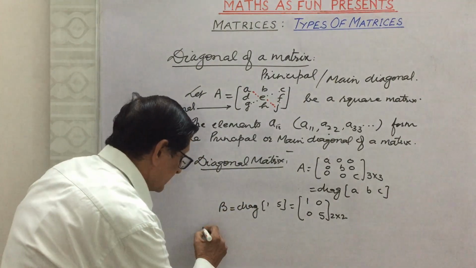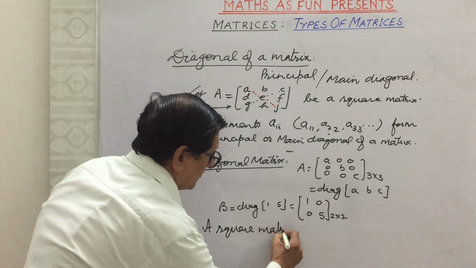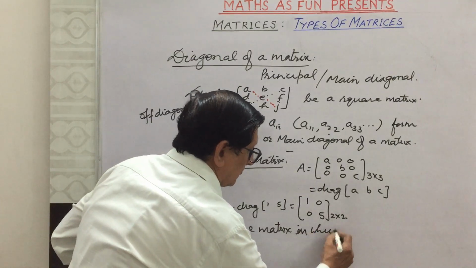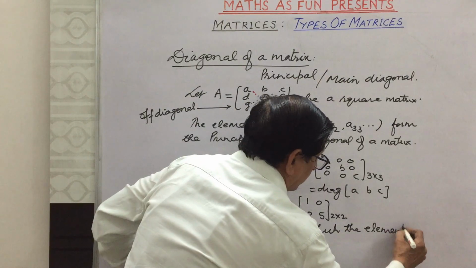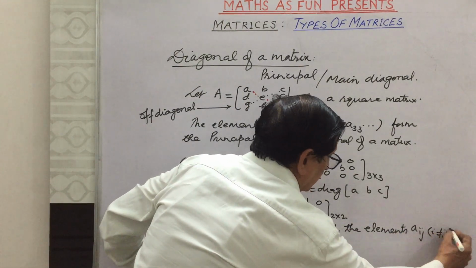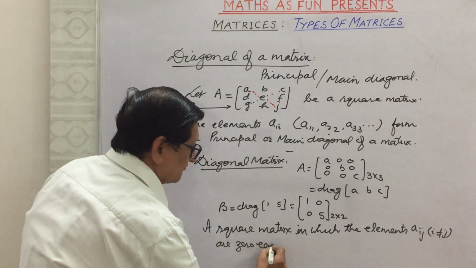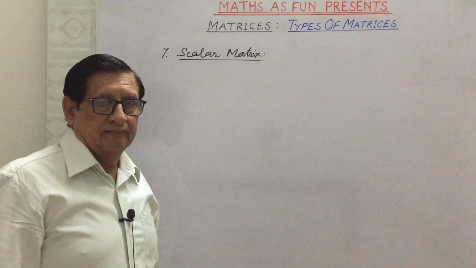We can define it a square matrix in which the elements aij, where i is not equal to j, are 0 each, is a diagonal matrix.